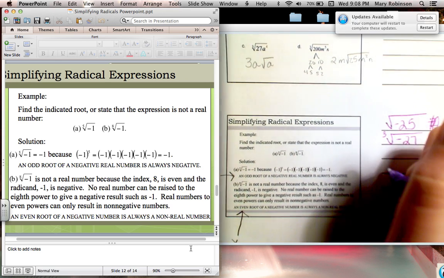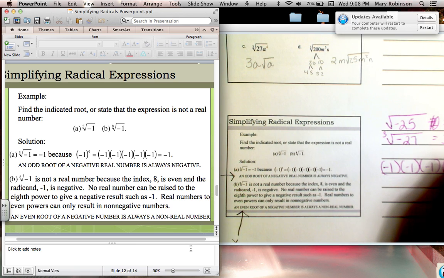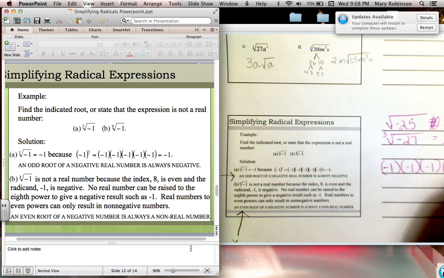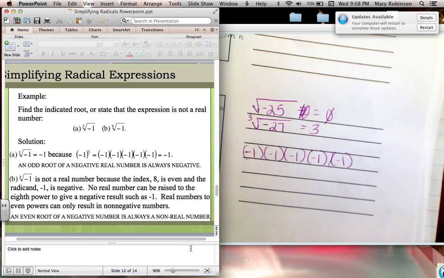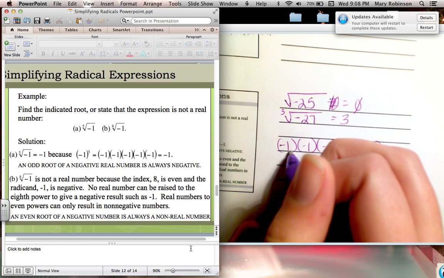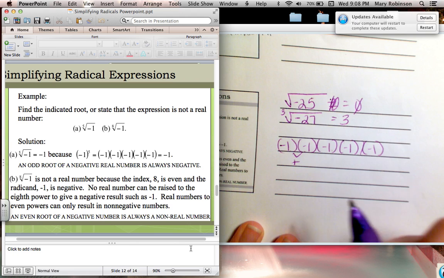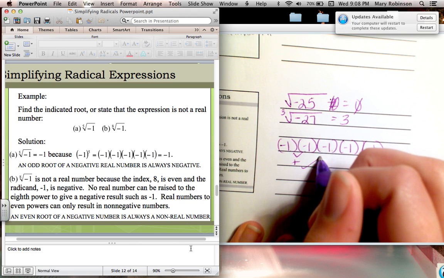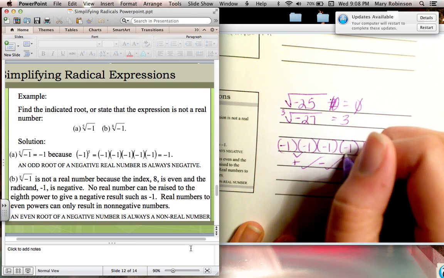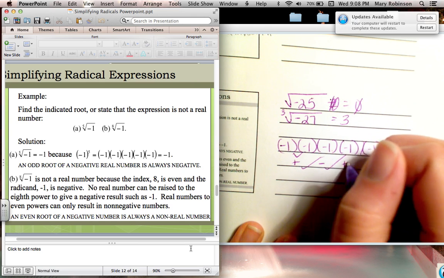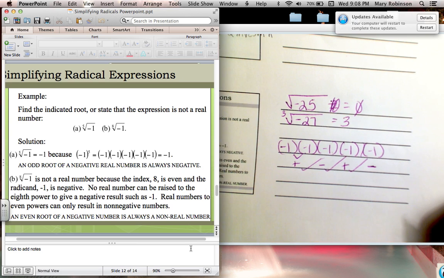So if we have 5 negative 1s, a negative times a negative gives you a positive, and a positive times one more negative gives you a negative.